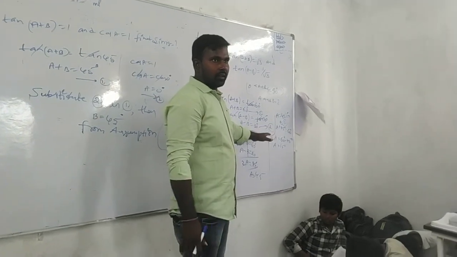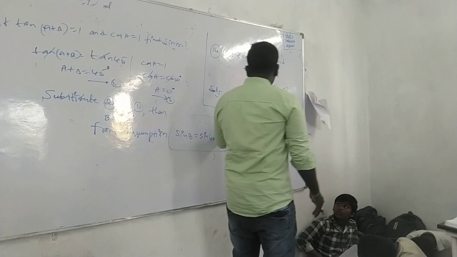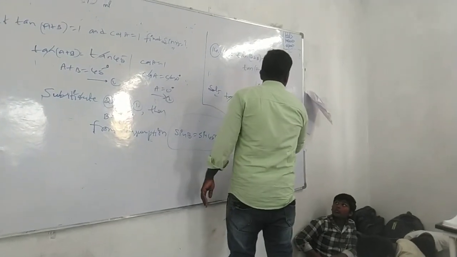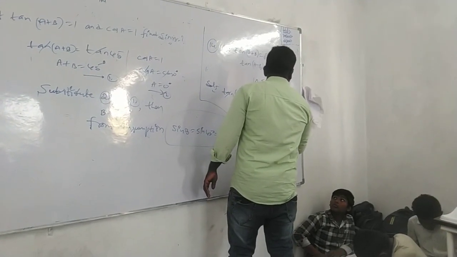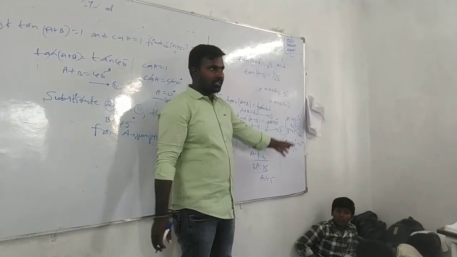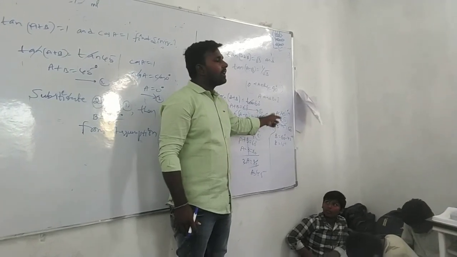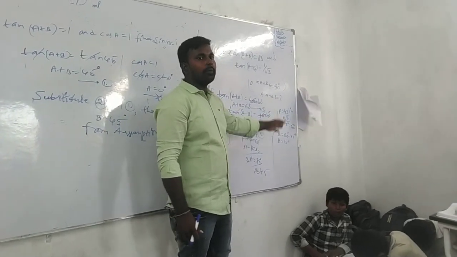Actually we need which value? The B value, right? Then I am going to write here the B value. I simply substituted the A value only in equation number 1. Then we got the B value.